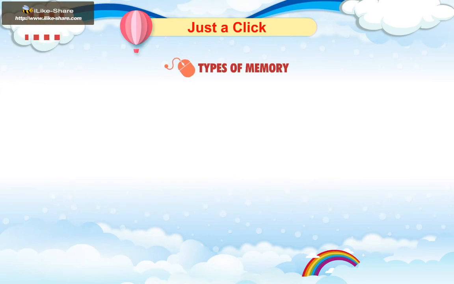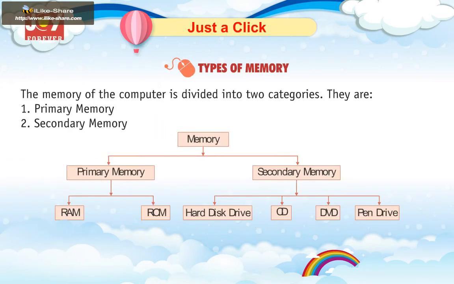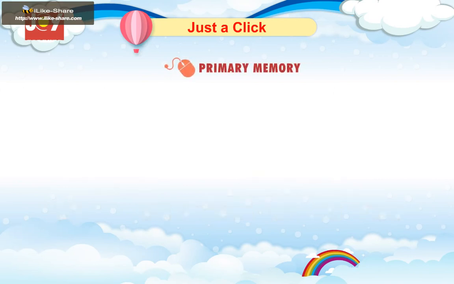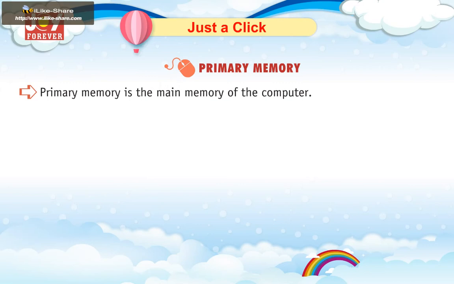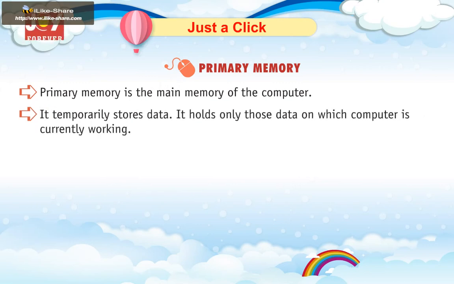Types of memory. The memory of the computer is divided into 2 categories. They are primary memory and secondary memory. Primary memory. Primary memory is the main memory of the computer. It temporarily stores data.